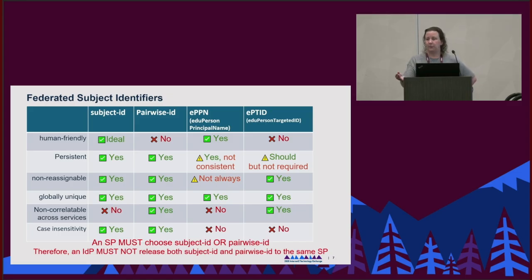One of the things you'll see when we talk about the REFEDS access entity category, and that is important to note, is that a service provider or relying party, if they need an identifier, should choose either the subject ID or the pairwise ID to ask to be released to you. Therefore, an IDP must not release both subject ID and pairwise ID to the same service provider or relying party.